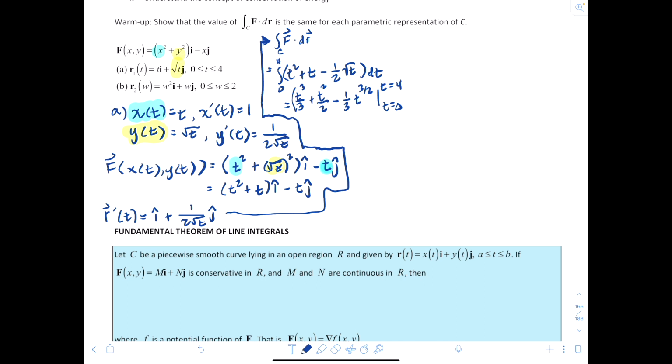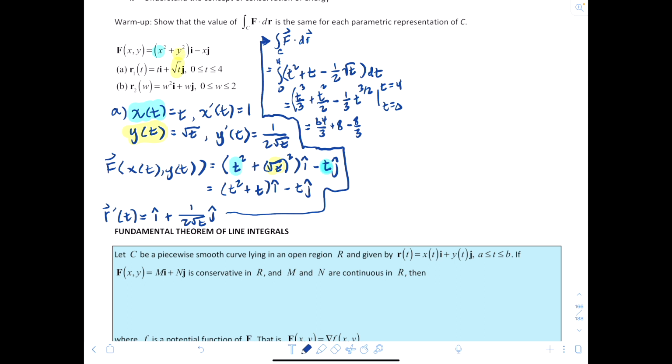So this will give us what? 64 over 3 plus 16 over 2 is 8. And then the square root of 4 is 2, 2 cubed is 8, so we'll have minus 8/3.